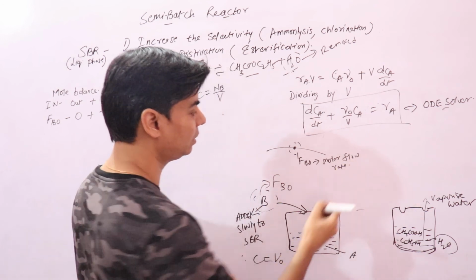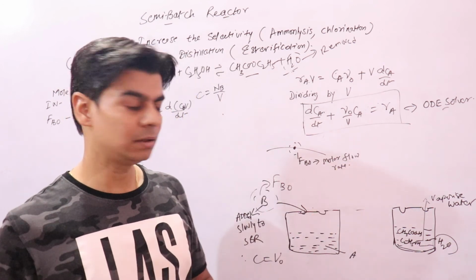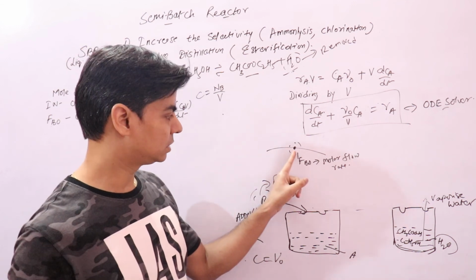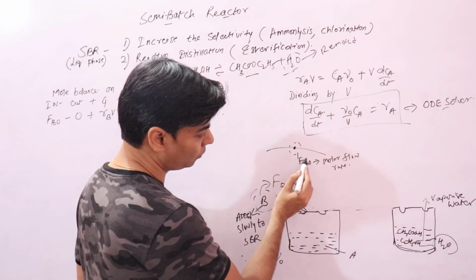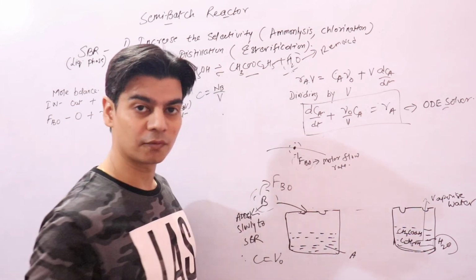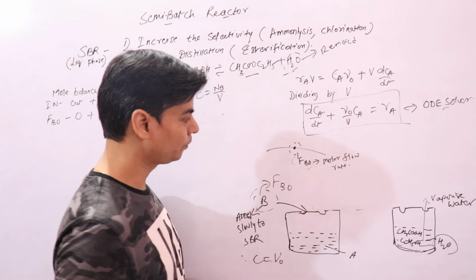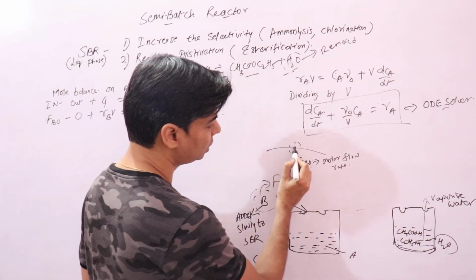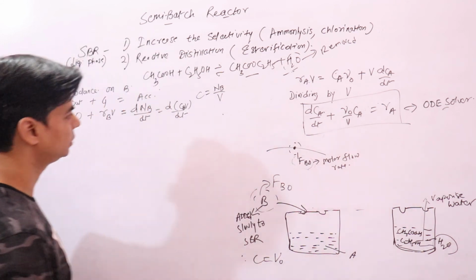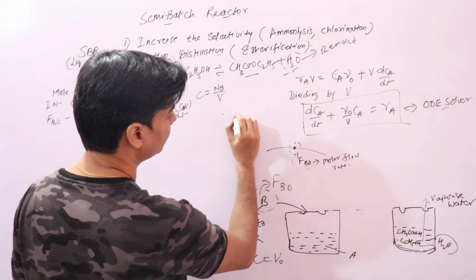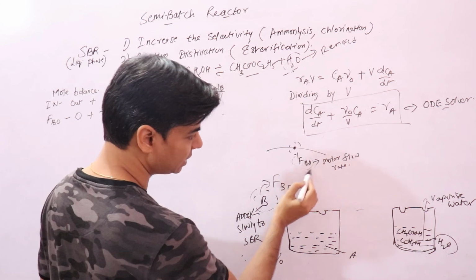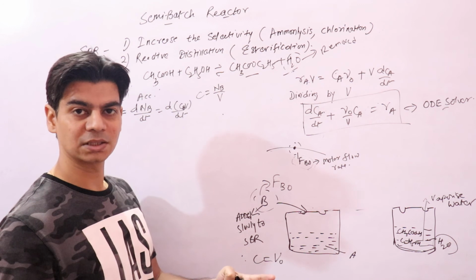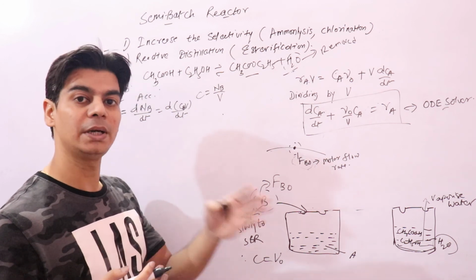When contents are flowing, to find how many moles are passing through a point, we use the term molar flow rate, denoted by FB0. If FB0 is the number of moles passing, then there must be some concentration passing, or what is the volumetric flow rate?